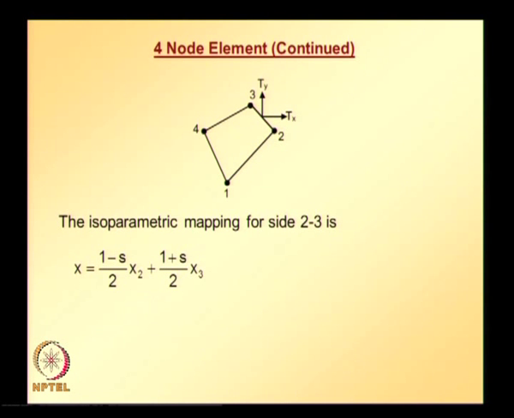And finally, we can write the relationship between the local coordinate along side 2, 3 of the actual element and the local coordinate system of side 2, 3 of the parent element through this isoparametric mapping.